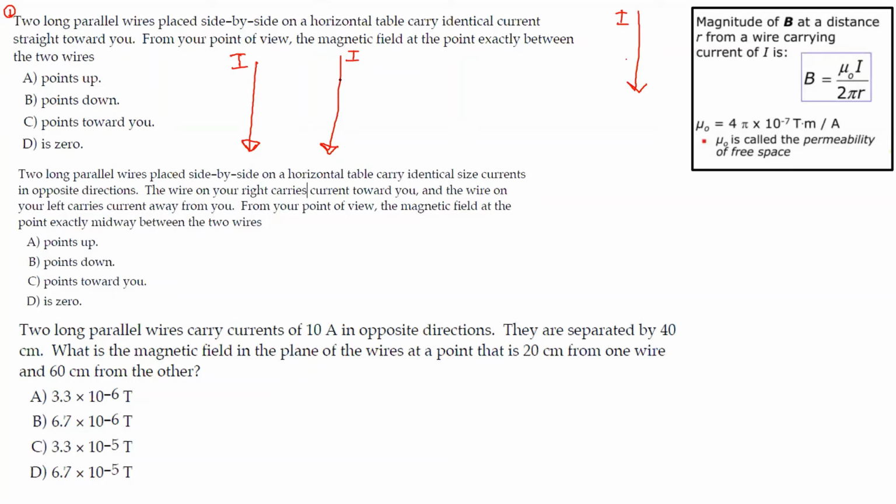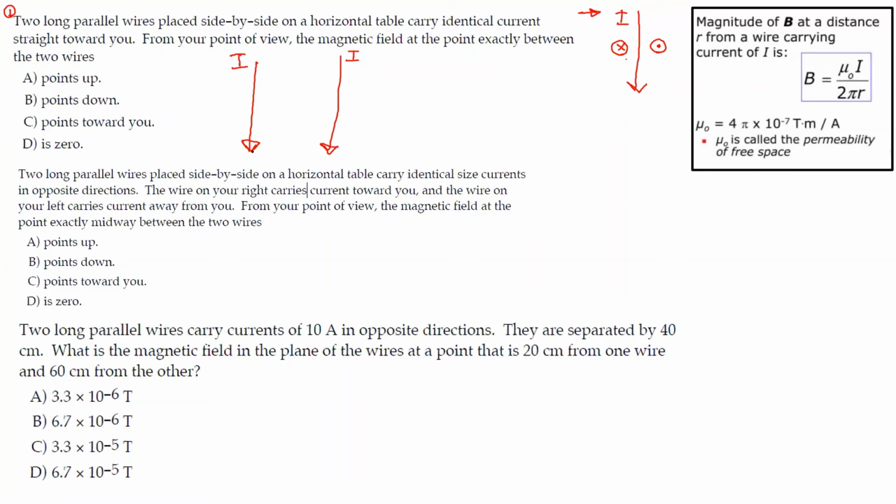If I apply the right hand rule, my thumb is pointing downwards and my fingers are coming out of the plane from this side and going into the plane from this side. Do you get this when you apply the right hand rule? Okay, so I have that for reference.